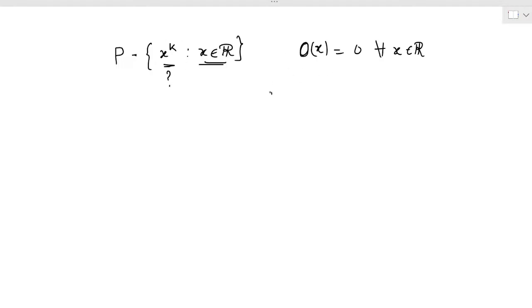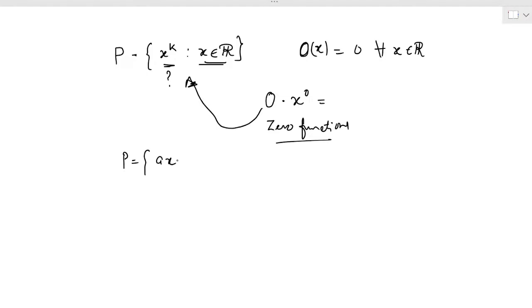For us, what is a zero function? The zero function is, after all, this. This is your zero function, right? Is it contained here? So the zero function is not contained here, because for the zero function to be contained, it should have degree 0 here. However, when I'm saying polynomials of degree k, it implies I will have only polynomials of degree k. Let us say I'm saying polynomials of degree 2.